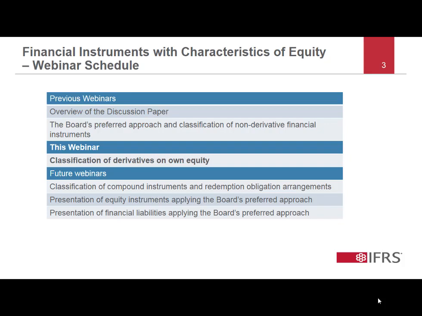We also talked about how the board's preferred approach would classify non-derivative financial instruments and looked at some examples. In the coming weeks, we will look at classification of compound instruments and redemption obligation arrangements, the board's proposals around the presentation requirements for equity instruments and those for financial liabilities.